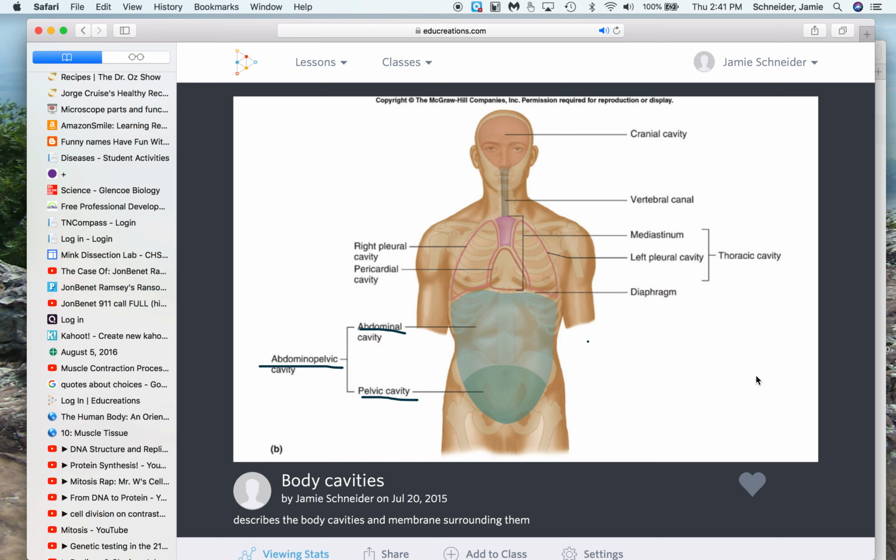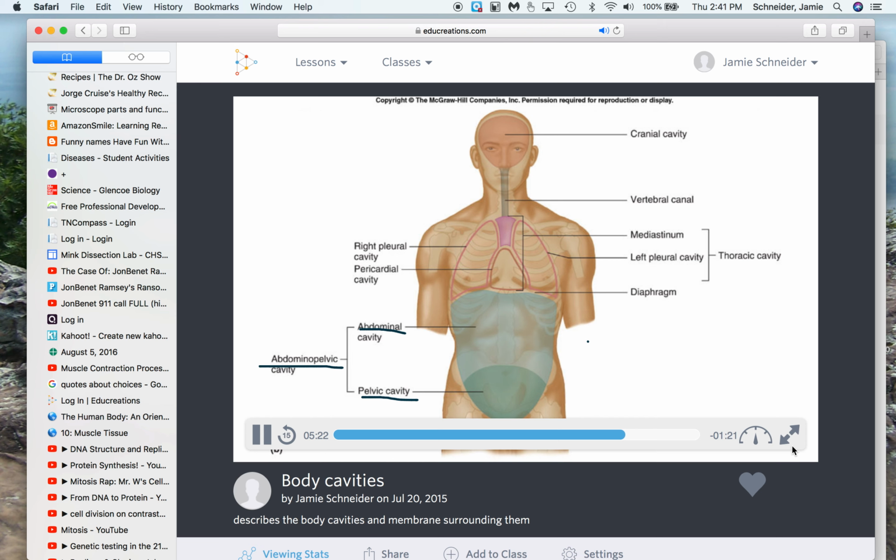The best way to think about the organs of the pelvic cavity is to think about everything that goes out of the body: the lower intestines, which would include the rectum, the bladder, which is part of the urinary system, and the urethra that exits out the body, and then the male and female reproductive organs are all in the pelvic cavity.